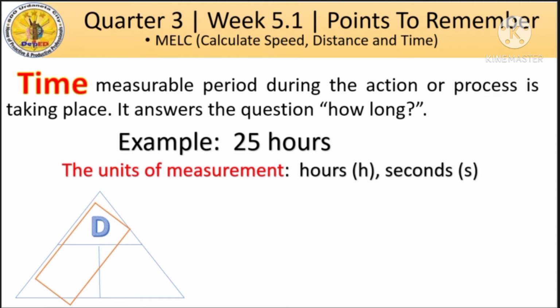Distance is above the triangle, then speed and time are at the bottom of the triangle. So if we are looking for the time, then our formula will be time is equal to distance divided by the speed. I'll repeat, time is equal to distance divided by speed.